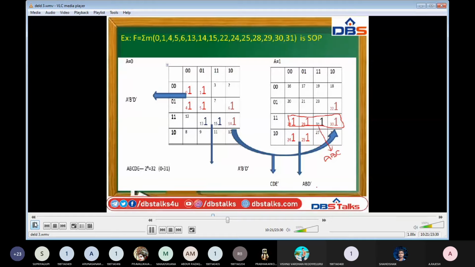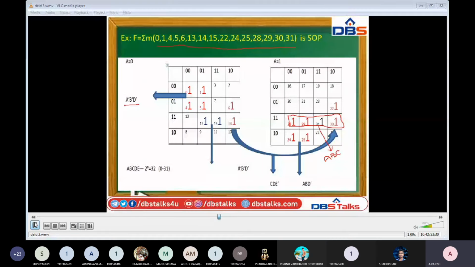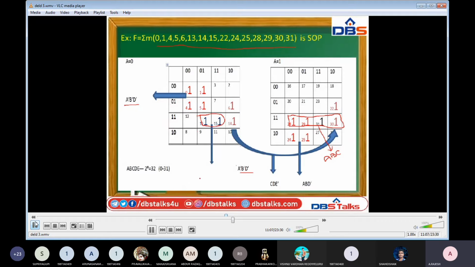A complement B D. It is not here. Instead of that one, A complement B C. If we take this one as A complement B C E, this is not there because I have already written it here.